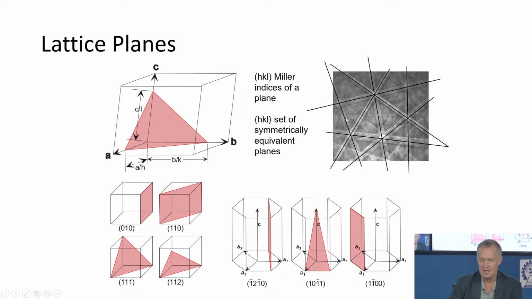Okay, and then we can do the same thing in these hexagonal structures, and we'll get pyramidal planes like this one, or prismatic planes, or down on the bottom is the basal plane. And all of these correspond to what we can see in diffraction patterns. And we're going to try and describe how that happens, but the symmetry of the crystal is also seen in the symmetry of the patterns. Okay, that's the point of this slide.